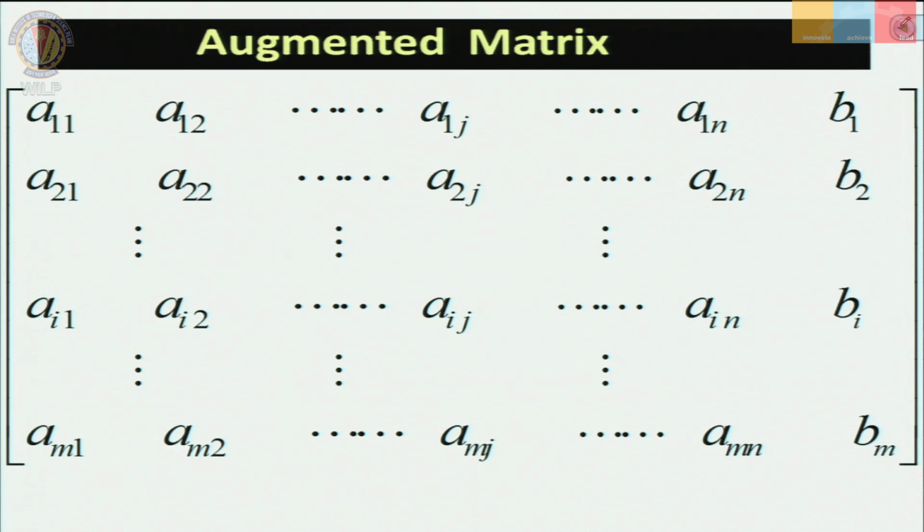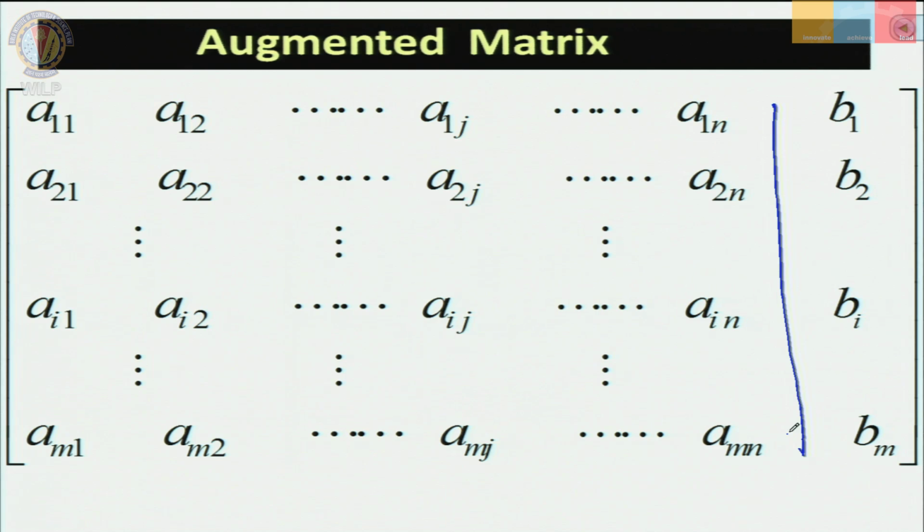The second step is to find the augmented matrix, which I also defined in the first lecture. The augmented matrix is the coefficient matrix A with the last column being the column matrix B, that is b1, b2, bm. You can put a line before the last column; there is no problem.